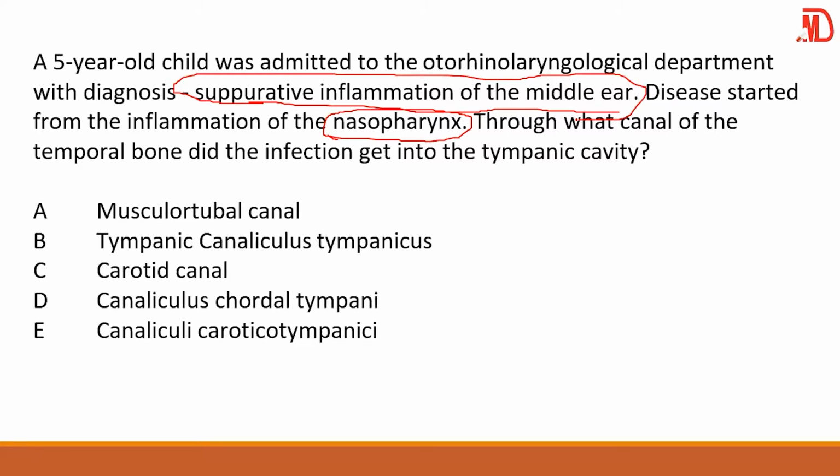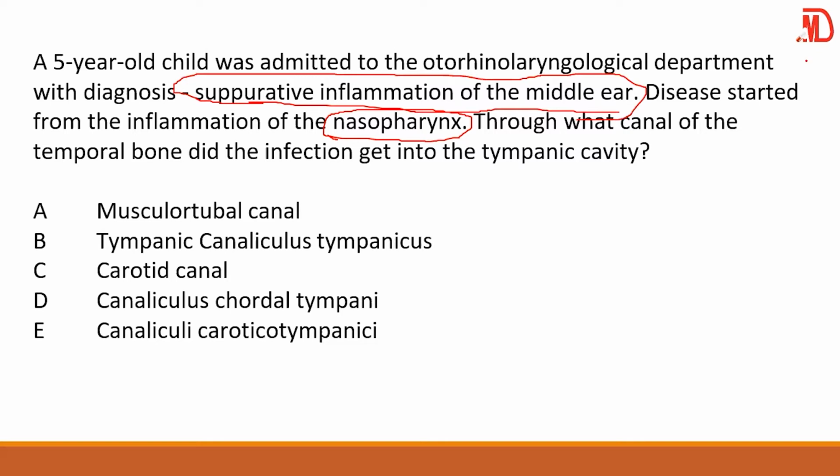And that connection is called what? The Eustachian tube. Another name for the Eustachian tube is the musculotubal canal. That is the connection connecting the nose to the ear.